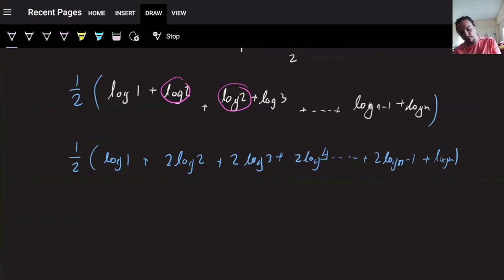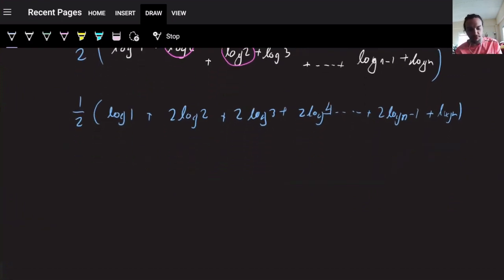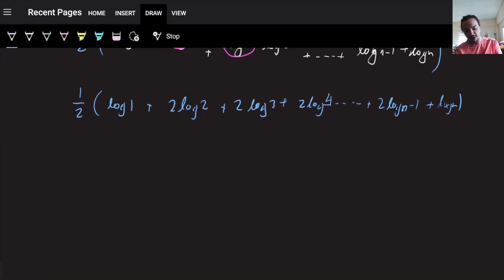And now what I can do is divide by 2. So I'm going to pull forth an extra log 1 and an extra log n, and then divide by 2. If I add and subtract log 1 and log n, over 2, then I get that this is equal to the sum of log k.